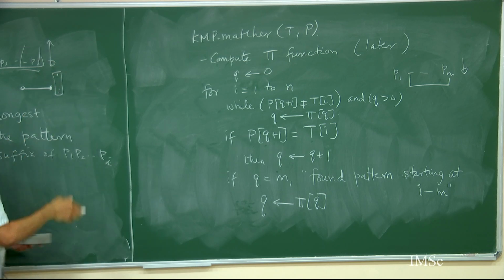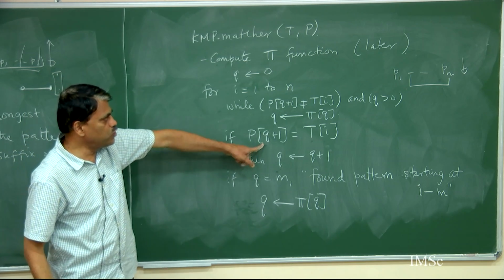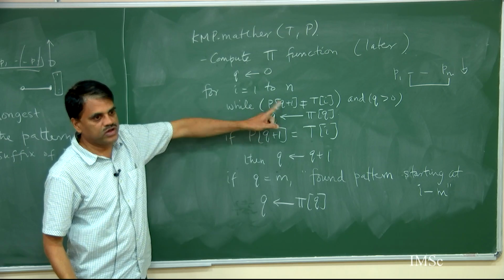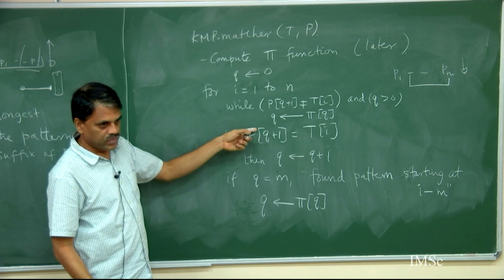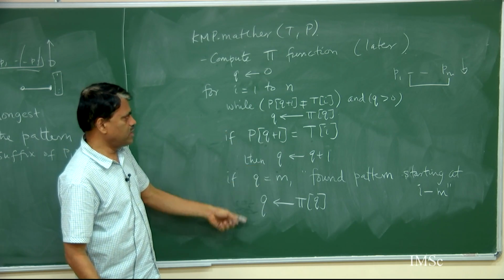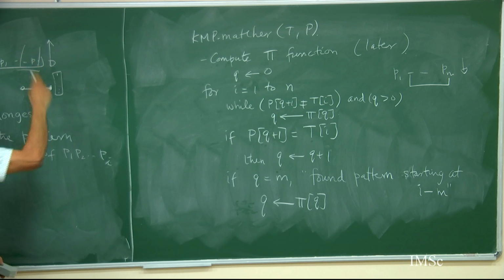If I got a match, great, I will say, okay, I have got one more match. But remember, this Q is now different. It is a smaller Q because this while loop has moved it back to pi of Q. So, now I got a match and I will keep going, but if I still have a mismatch, then I apply the pi function again.